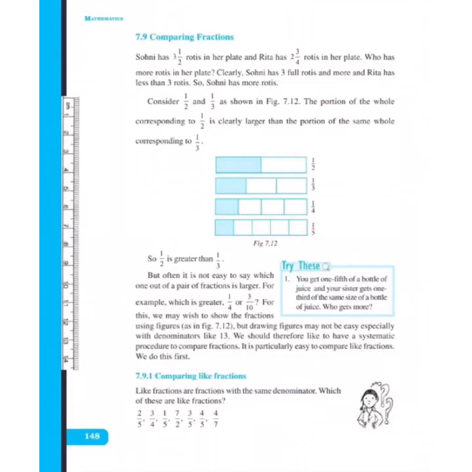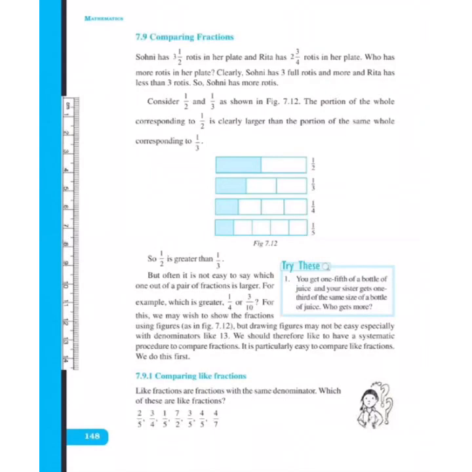Now the third one is divided into 4 parts, and one part is shaded. And in the fourth one you will see that the bar is divided into 5 equal parts, and only one part is shaded.